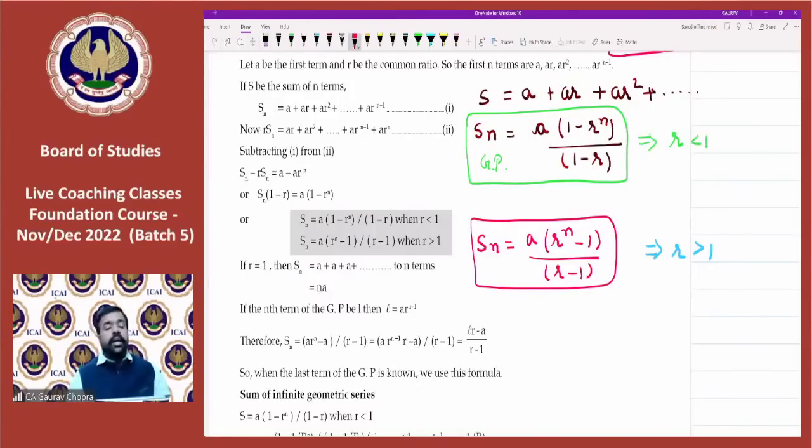This is the only difference. तो अगर r की वैल्यू 1 से कम है, तो हम फर्स्ट फॉर्मूला यूज करेंगे, और अगर r की वैल्यू 1 से बड़ी है देन फिर हम सेकंड फॉर्मूला यूज करेंगे. तो ऑलवेज हमें क्वेश्चन में सम निकालने से पहले क्या चेक करना है? कॉमन रेशियो. तो अगर कॉमन रेशियो 1 से ज्यादा आता है तो हम सेकंड फॉर्मूला यूज करेंगे. 1 से कम आता है देन वी हैव टू यूज द फर्स्ट फॉर्मूला. So as per the requirement. All right.